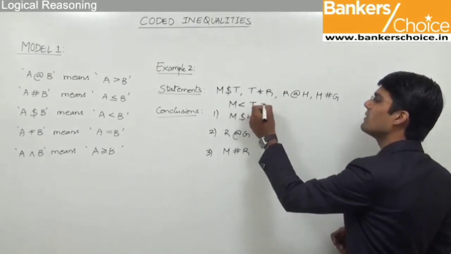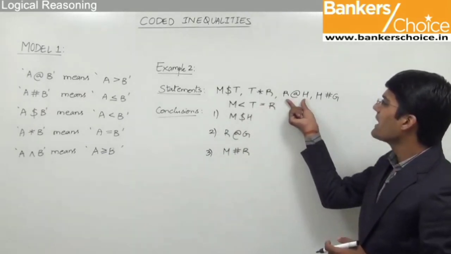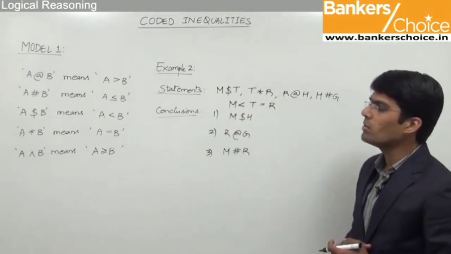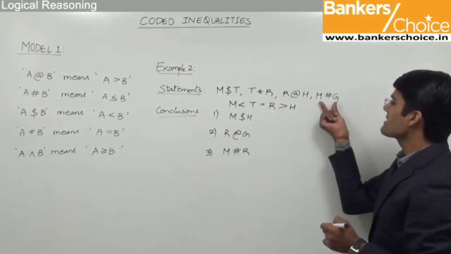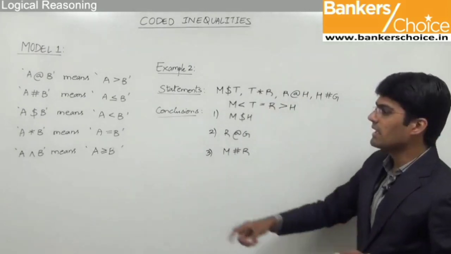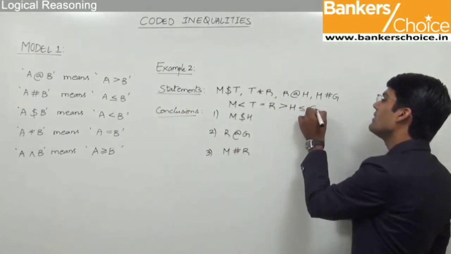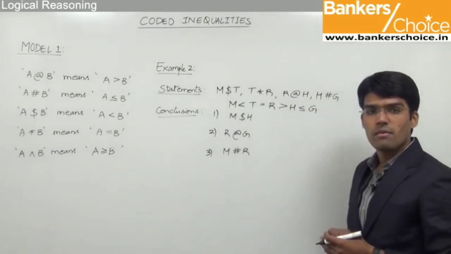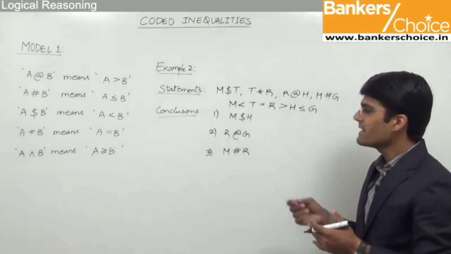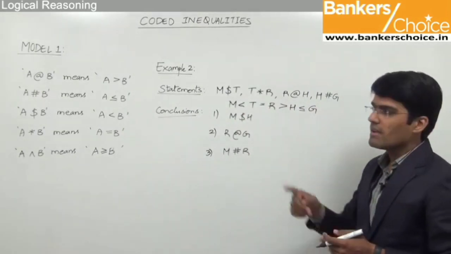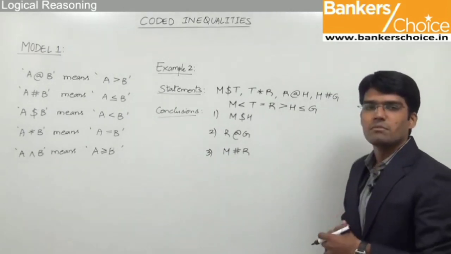I know that T is equal to R, so we can simply write T equals R. The third part here is R@H, and from the information given there we know @ is greater than, so we can say R greater than H. And the last statement here is H#G. Hash means less than or equal to, so we can say H is less than or equal to G. So one point which you have observed here is we are not writing the statements separately and then trying to merge them. Instead, we can directly merge all the variables with the help of the given information. So don't waste your time in writing each of the statements and then merging them.